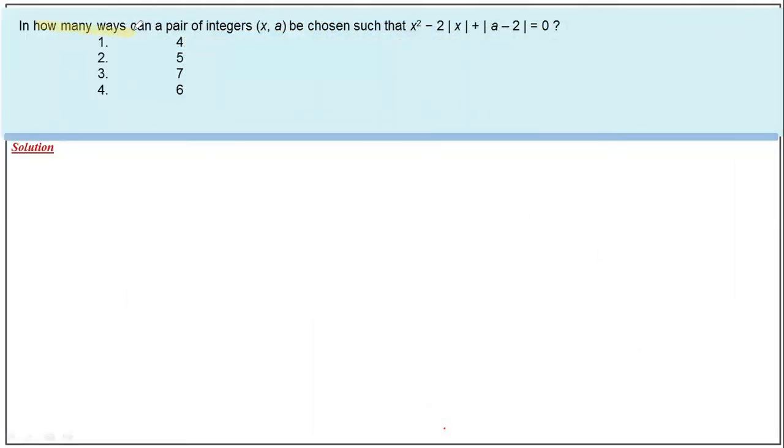In how many ways can a pair of integers x, a be chosen such that x square minus 2 mod x plus mod of a minus 2 equal to 0? So case 1, when x is greater than equal to 0.